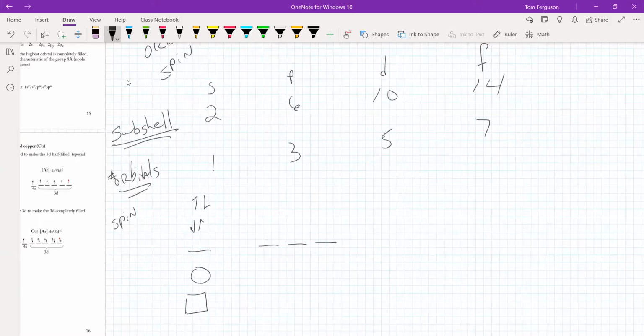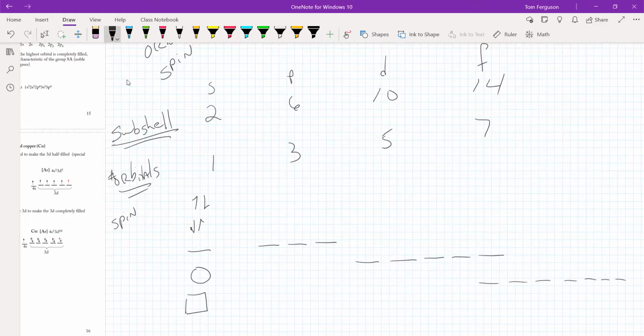We have five lines. Each one represents an orbital. And then we have seven as well. So now we're subdividing subshells into orbitals and then spin, electron spin.